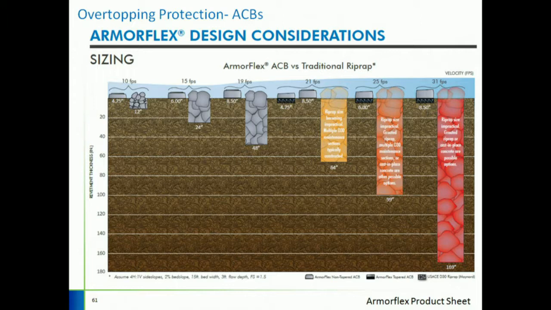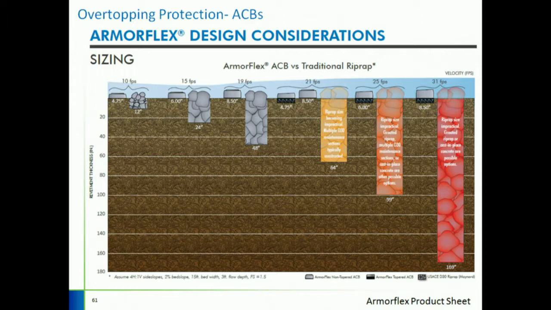It's not flat top. And in comparison, what would be equivalent to that is 12-inch riprap here, 24, 48, 64. So at this point in time, the riprap becomes uneconomical, unfeasible, and ACB becomes a more feasible option to go. As I mentioned earlier, here's the reference for you to go dig more information on it.